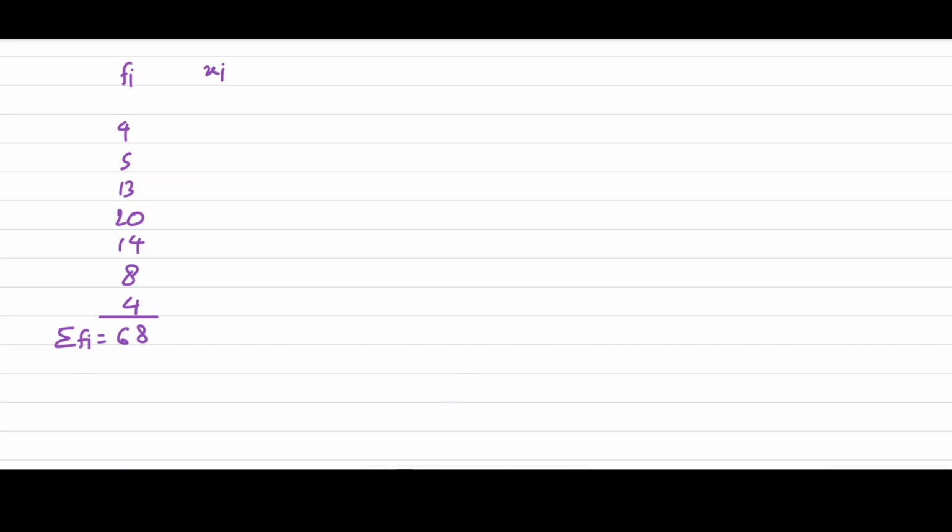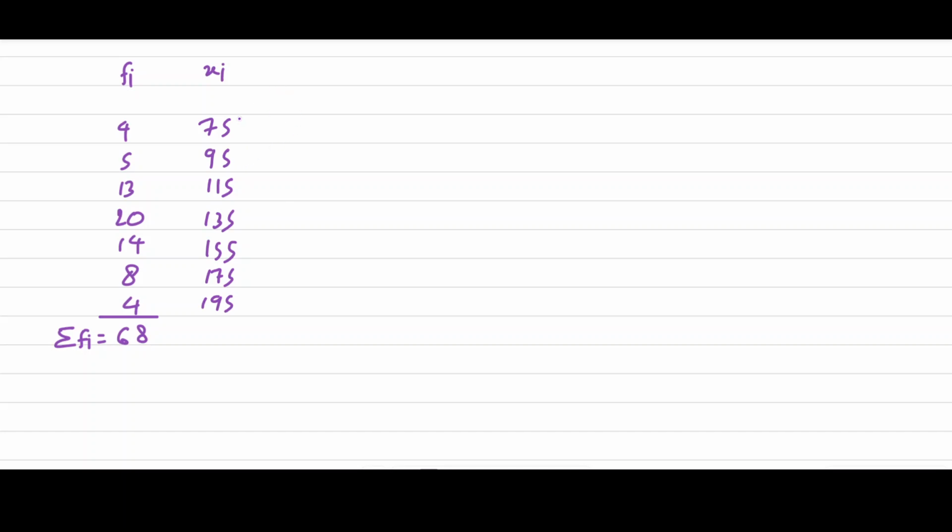Now look here, this will be 75, here add 20, so this will be 95, 115, 135 and 155. This will be 175 and 195. This is the value of Xi.